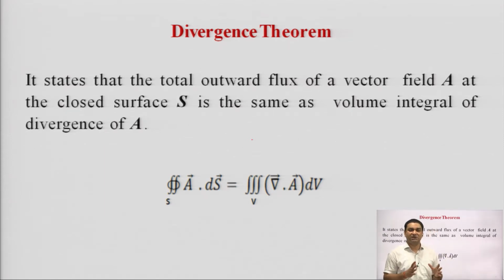and in this slide the statement and the mathematical notation of the divergence theorem is given, and it states that the total outward flux of a vector field A at the closed surface S is the same as the volume integral of the divergence of A. As its mathematical notation says, the double integral, meaning the surface integral of the vector field A in a closed manner, is equal to the triple integral, meaning the volume integral of the divergence of that vector field.